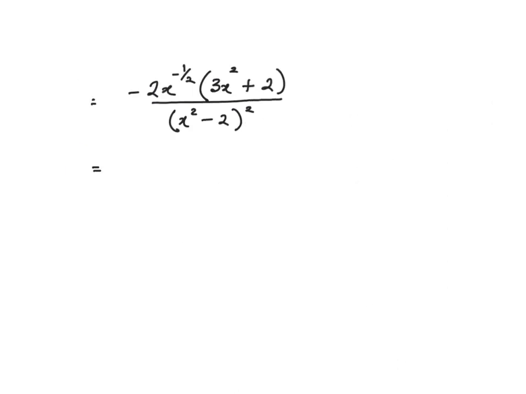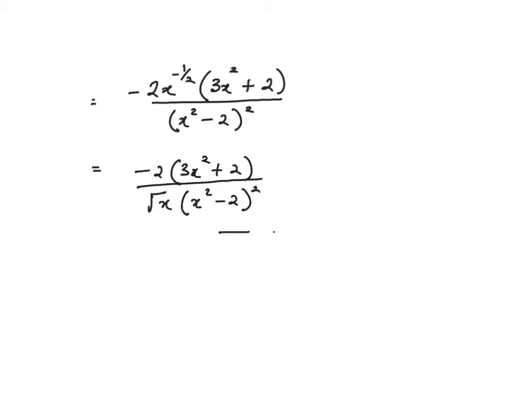What I could do now is take this term down onto the bottom line. So minus 2 on the top over root x. It's as compact as it can get.